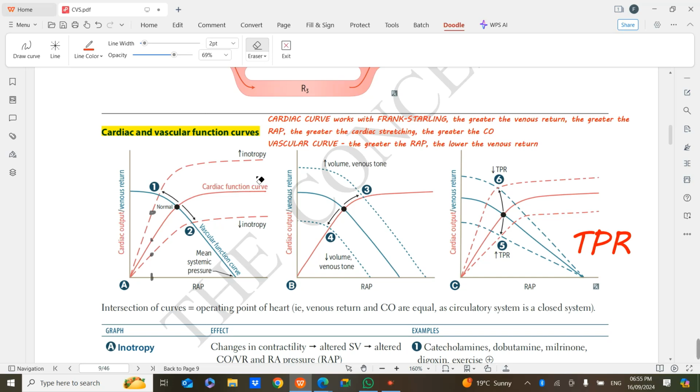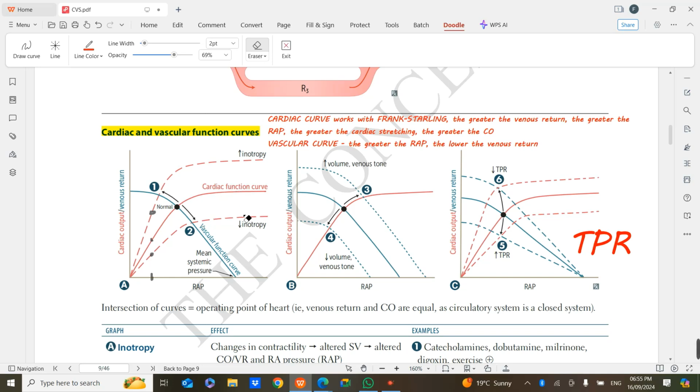So what could they have done to the patient that will make my cardiac output to increase? I will look at the options. Oh, they gave this patient an inotropic agent like dobutamine, which is making the heart to contract more, then the cardiac output is increasing.